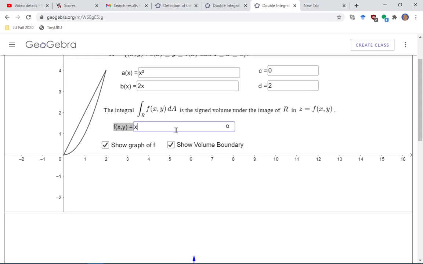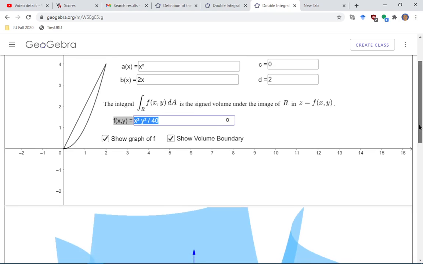So x squared y squared, at this point it's going to become about 64 or something. So for that reason I am dividing it by some number to make the picture more visible. Let's see if this helps. That is just for presentation purposes.